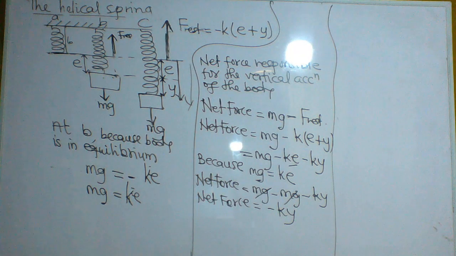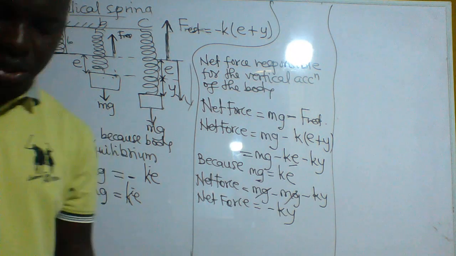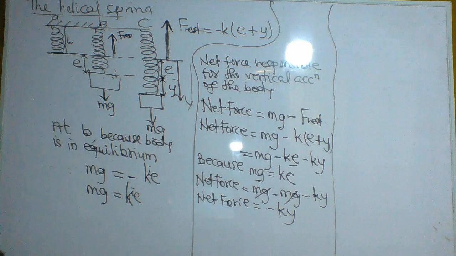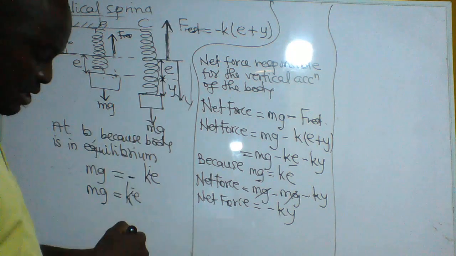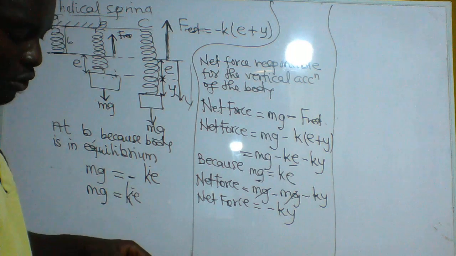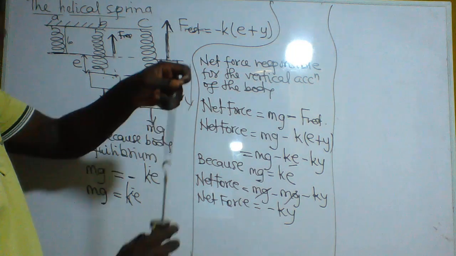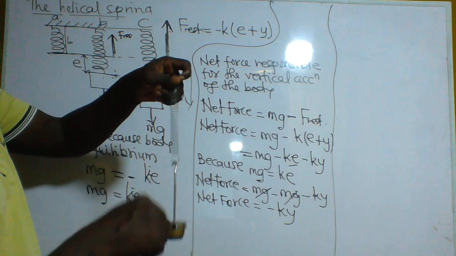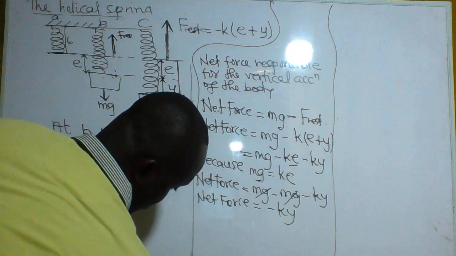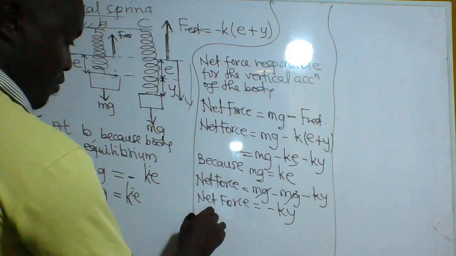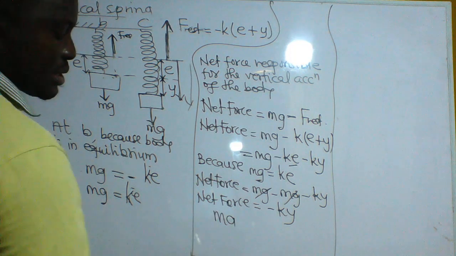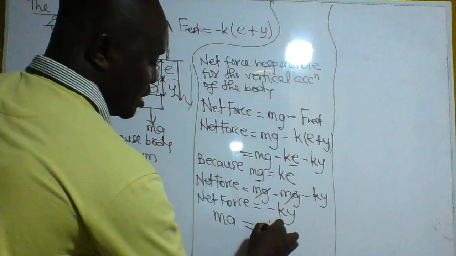Alright, a net force is always responsible for causing acceleration in a system. So if we are looking for the vertical acceleration of the body due to the net force acting on the object vertically, we have the net force equal to Newton's second law, mass times acceleration, which is equal to minus ky.